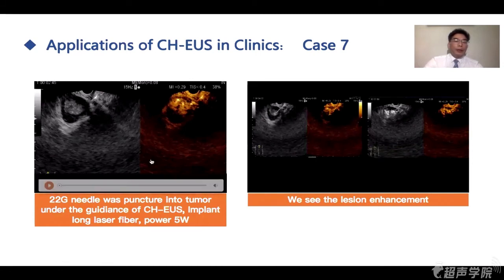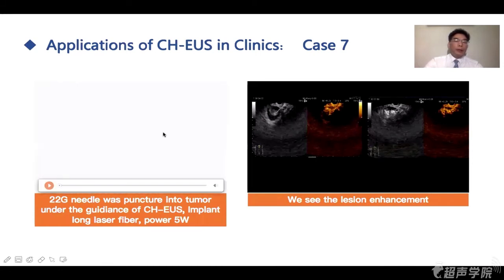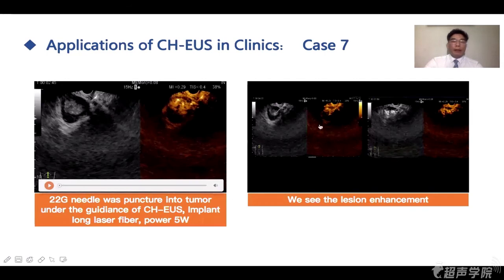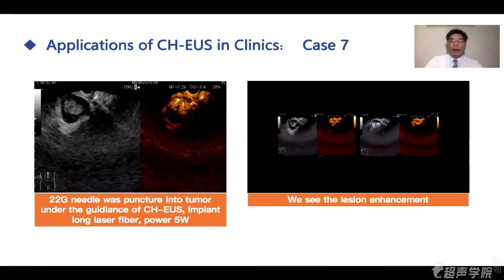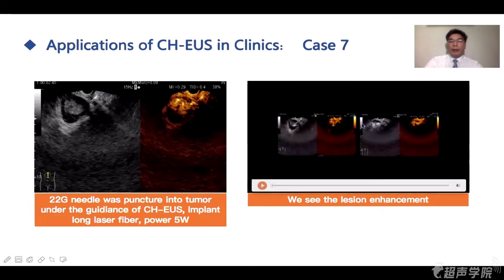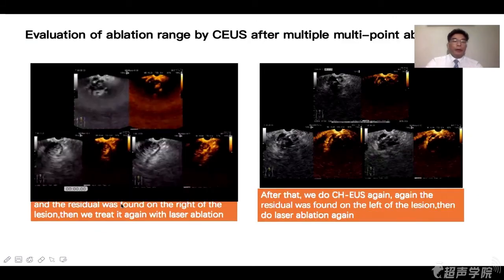Then a 22-gauge needle was punctured into the tumor under the guidance of CHEUS to implant a long laser fiber. After laser ablation, we perform CHEUS and the residue was shown on the right side of the lesion. Then we treat it again with laser ablation.